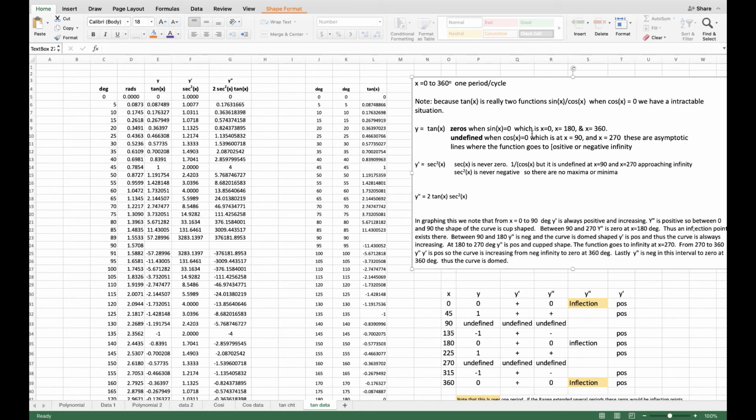It's the sine function divided by the cosine. And so you're going to have points where the cosine function is 0. That means the tangent function is not defined at that point. And that happens to be at 90 degrees and 270 degrees. You can't have a division by 0.